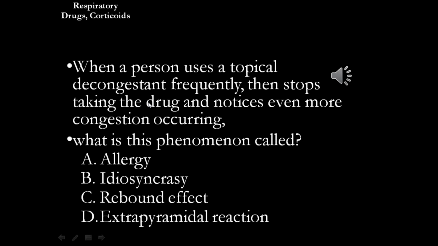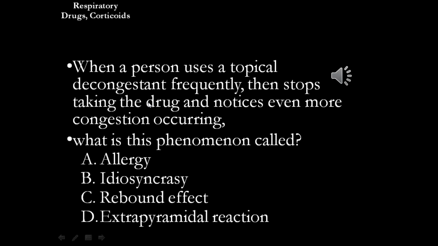So what is the treatment of a rebound effect? When you have the rebound effect, mostly what you need to do is stop the medication. But you say, well, my nose is congested. Well, it's just part of the process. We mostly give corticoids after that. It's the second level. Corticoids are not going to be an immediate action at all.